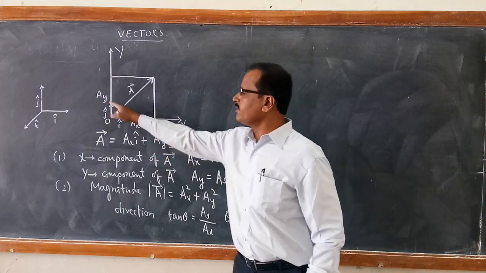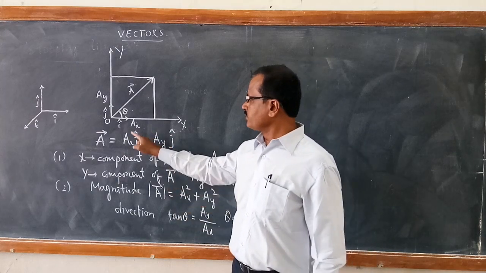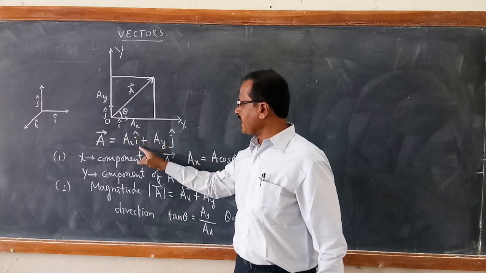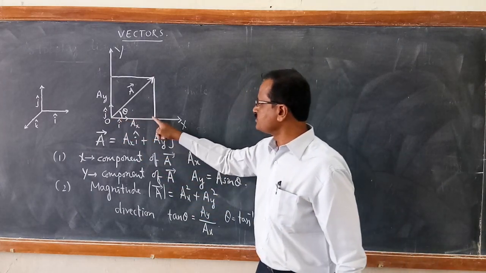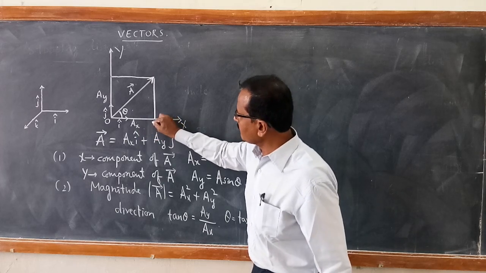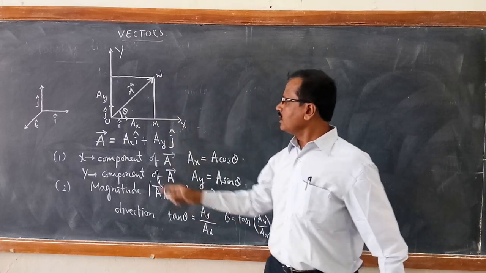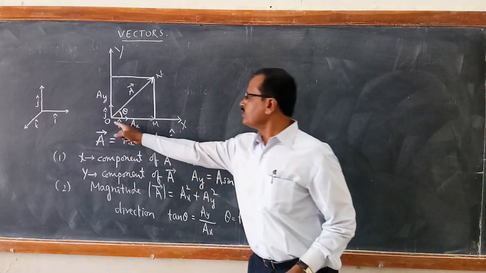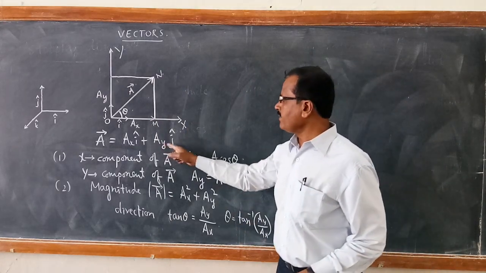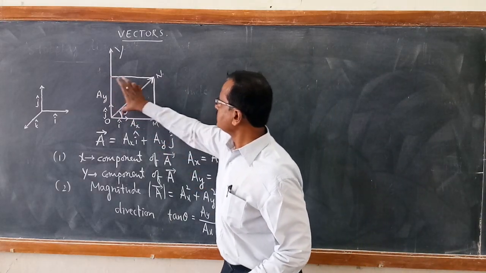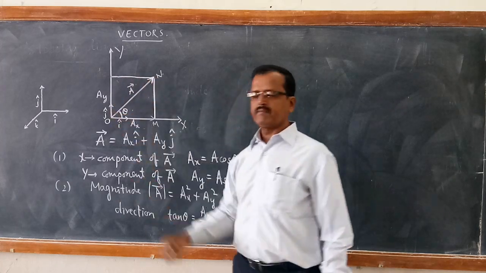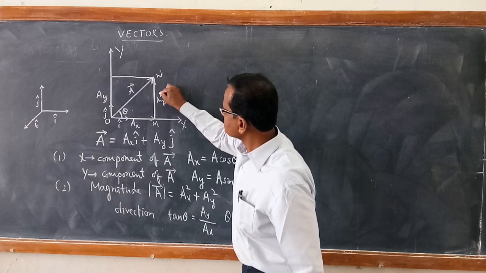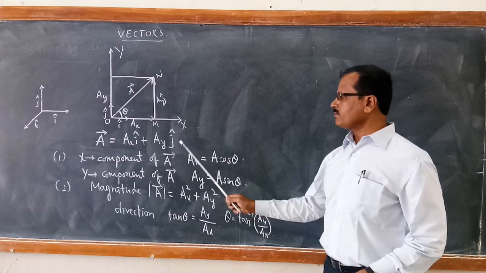But when you write vector A as Ax i cap, suppose this is M and this is N, Ax i cap gives you the complete OM vector. Then Ay multiplied by unit vector j cap gives you this complete vector. So Ay j cap gives you the y component vector.